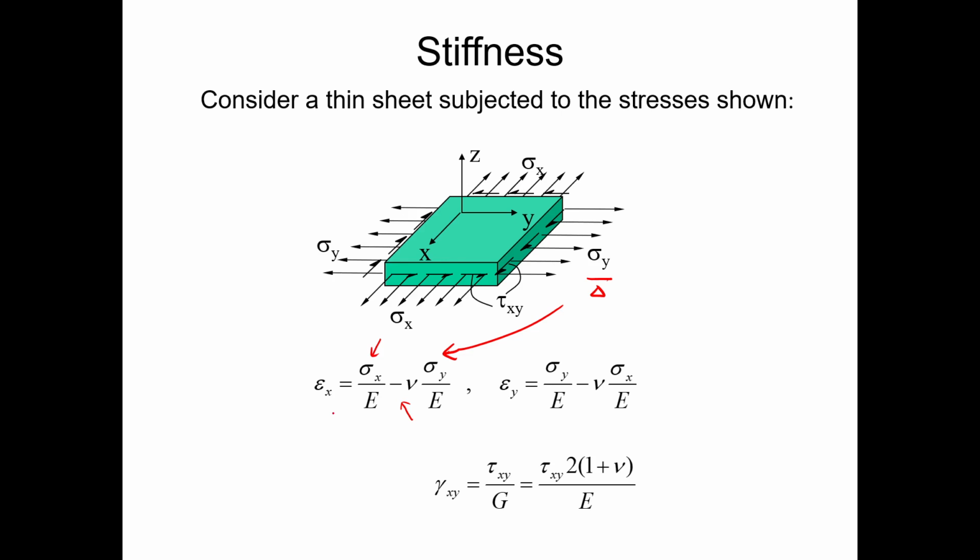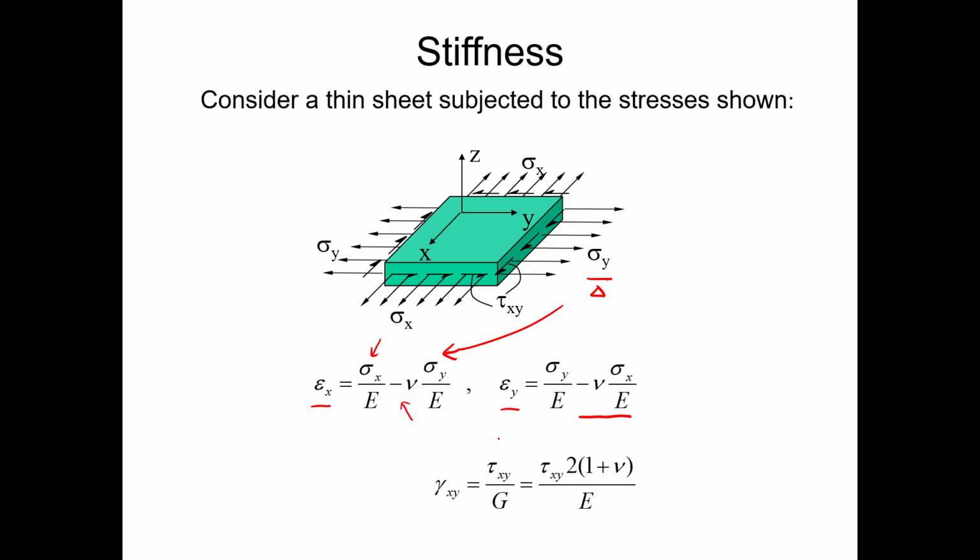Okay, so that is the expression of epsilon x. Similarly for epsilon y, you have a strain in 1 direction here, but x stress will cause some contractions. Basically, contraction meaning is a negative strain, which is the second half of these expressions.